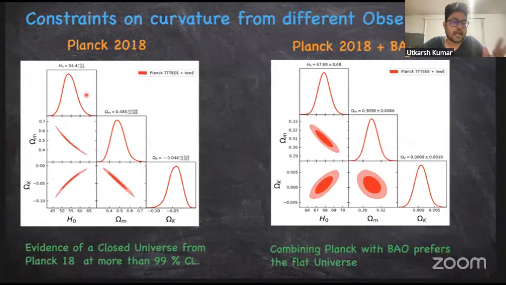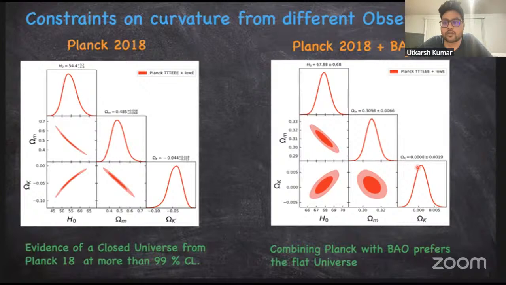Now the answer comes from the geometrical degeneracy. Due to the geometrical degeneracy, people in the community do not consider the measurements of omega k from the Planck 2018 data reliable. So in order to make this constraint on omega k reliable, people often combine Planck 2018 data with BAO data.